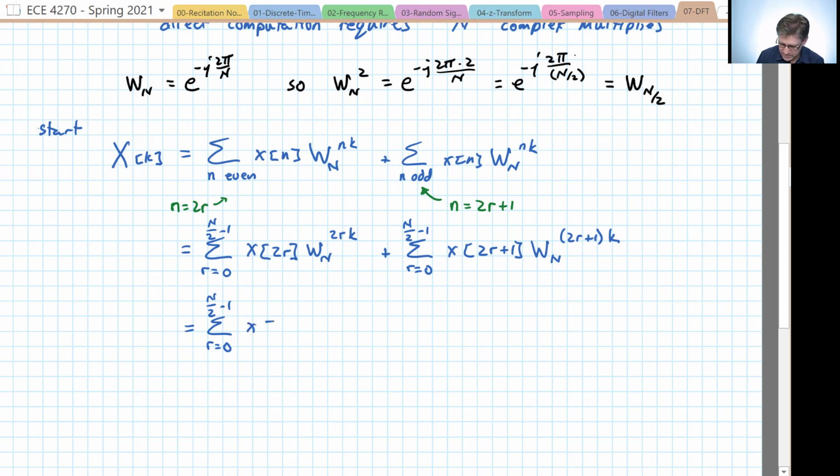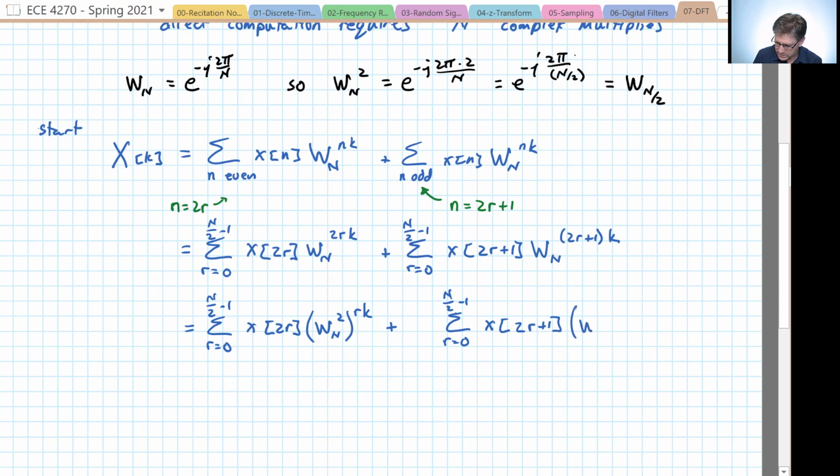This gives us x of 2r, and now this would be W_N squared to the rk. We'll have something similar here, sum from 0 to N over 2 minus 1, x of 2r plus 1. Now we have, actually we're going to give myself a little more room, so we can do this all in one step.